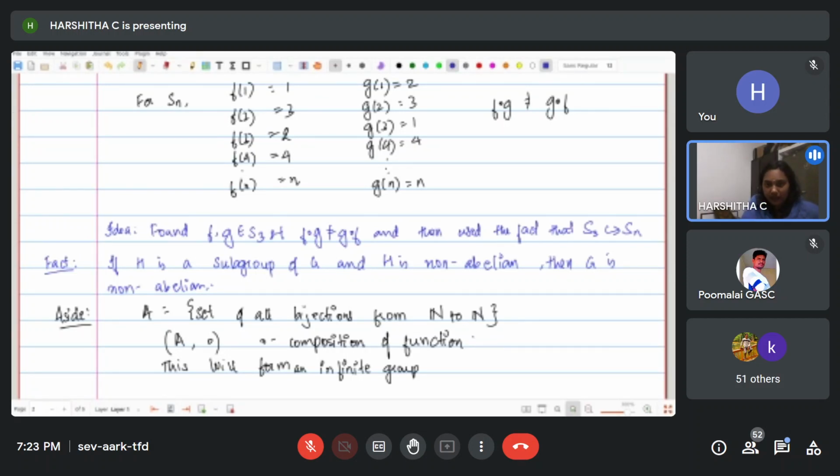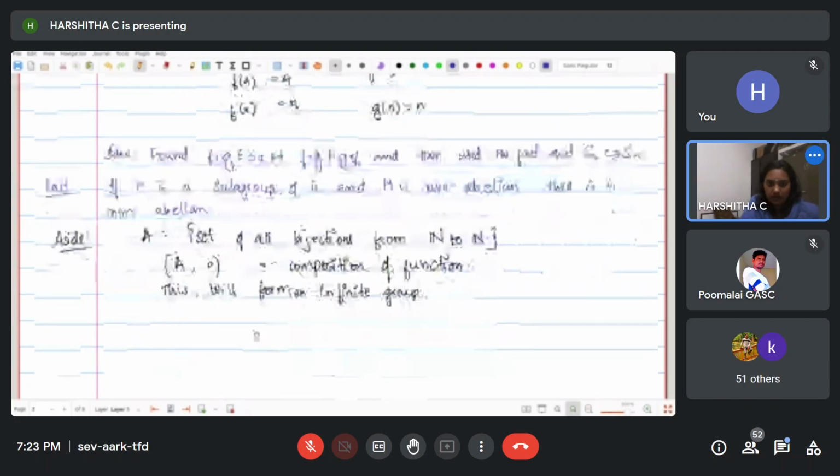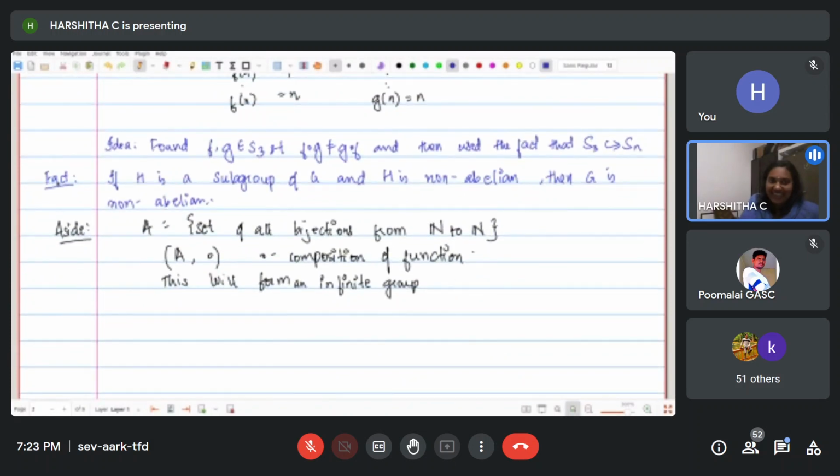Any questions so far? Or any other doubts related to this or related to Sn, you can ask that also. It need not be a doubt exactly in the problem that we looked at.